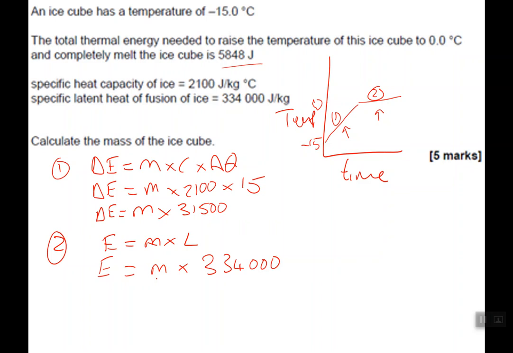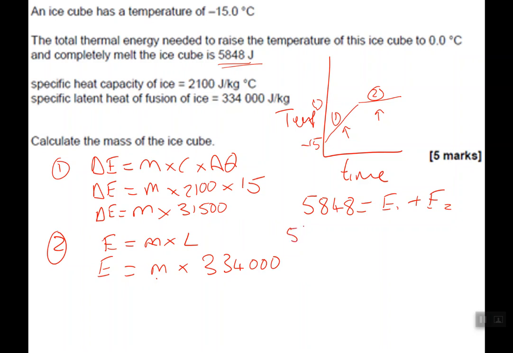So what we've said is, in order to raise the temperature of this ice and then change the state of it, we needed energy to do that. And it said in this question, that's how much energy it needed. So what we could say is that this energy we needed, 5848, is equal to the energy in the first part plus the energy in the second part.